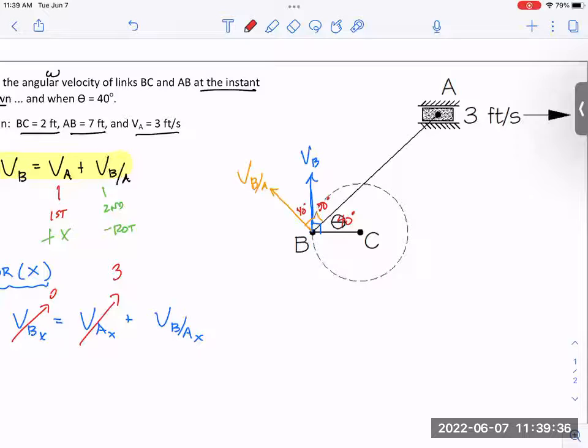But let's do something even a little bit more creative. Do you agree that velocity of BA, because of the way it's aiming, this is its vector in the x direction, and this would be its vector in the y direction, since it is at some weird angle?